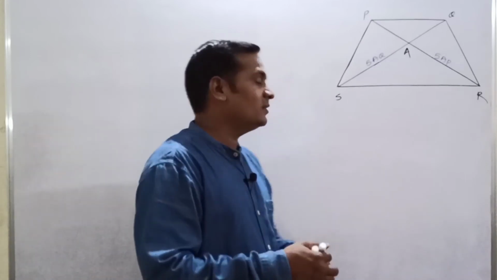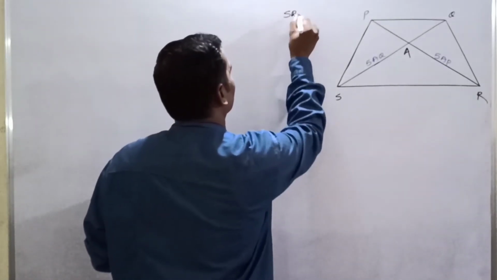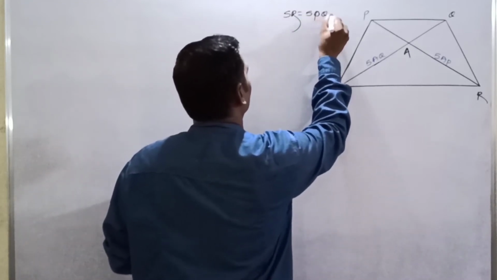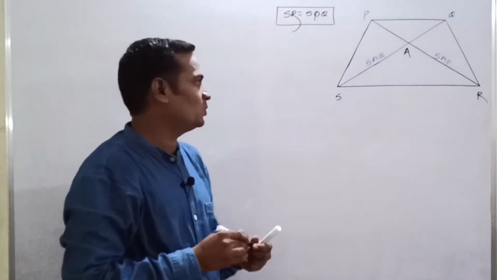Then the question is to prove that SR is equal to 5 times PQ. This is what we have to prove here.